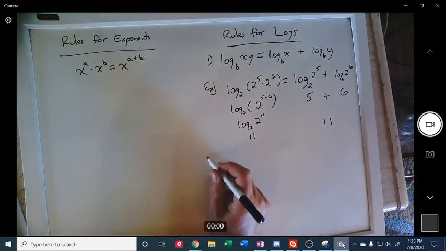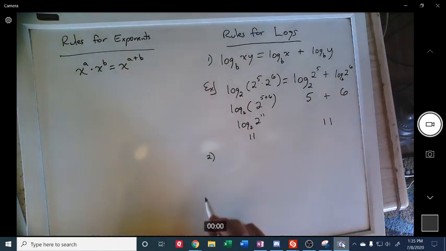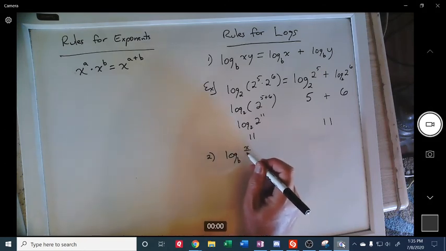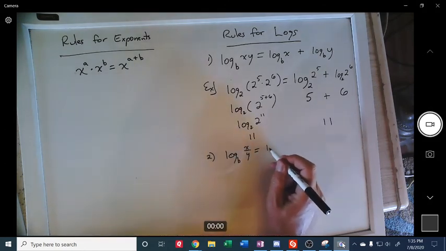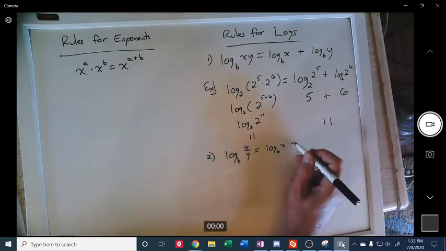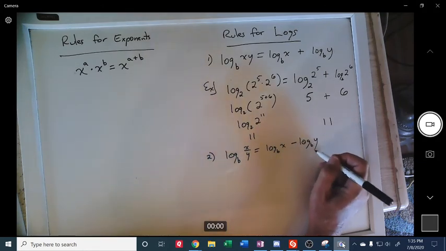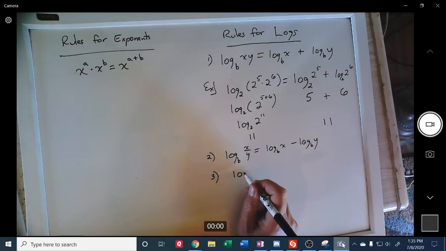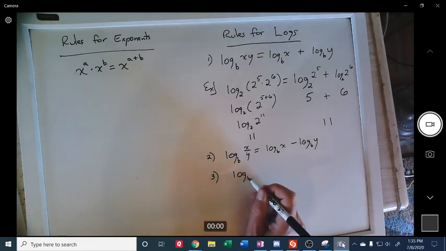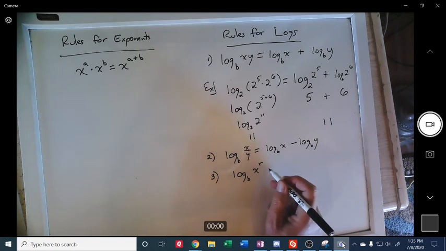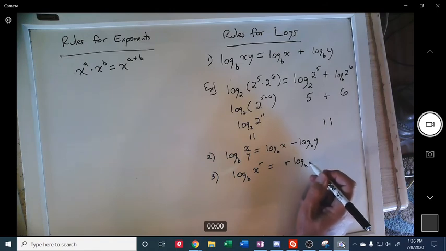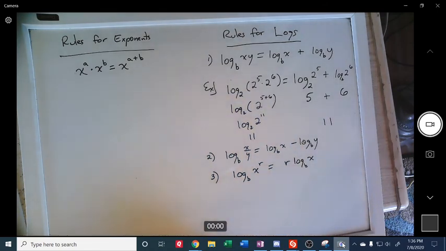Alright, so that's rule number 1 of logarithms. Rule number 2 is the same idea, log base b of x divided by y, but applied to division. Log base b of x minus log base b of y. And rule number 3 of logarithms is log base b of x to the r, as the r gets to come out in front, and it looks like this.